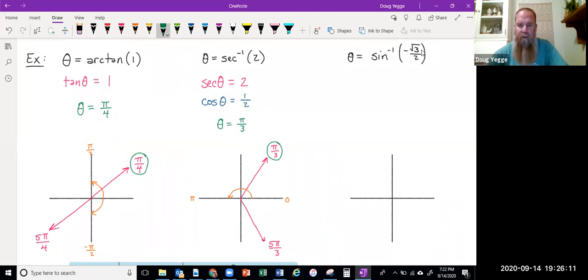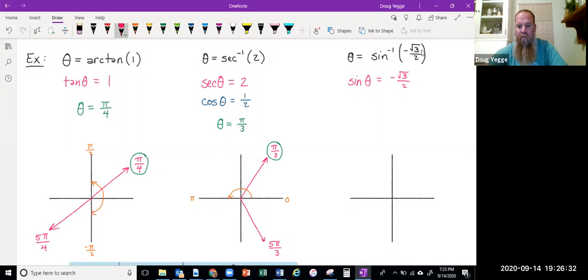So now let's go ahead and take a look at the last one. So in order for sine inverse of negative root 3 over 2 to equal an angle, that means that sine of some angle would have to be negative root 3 over 2. Well, the first thing to recognize here is that sine is negative down in the third and fourth quadrants.